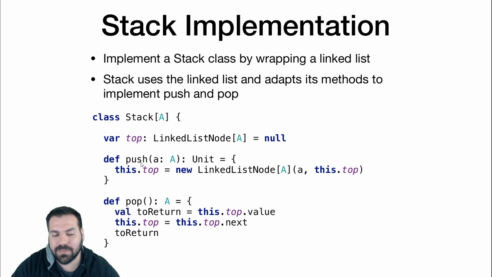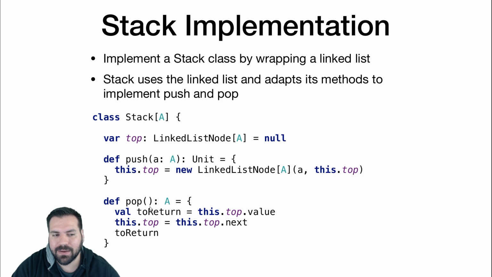And then whenever an element is pushed to this stack, I'm going to add a new linked list node with that element and a reference to the previous top of the stack. So I'm effectively prepending the element to this stack.